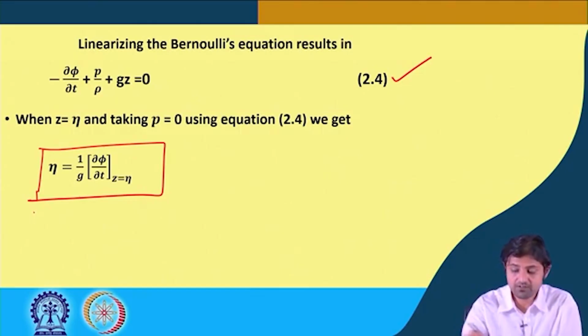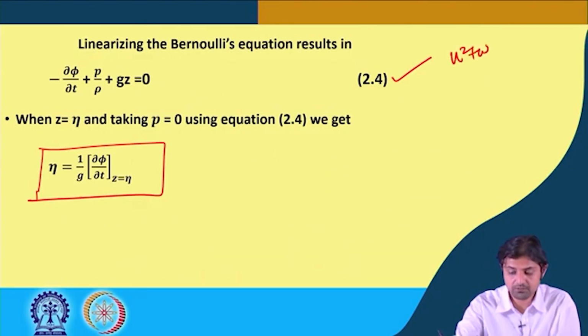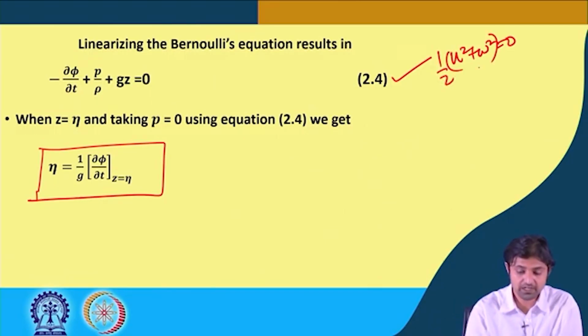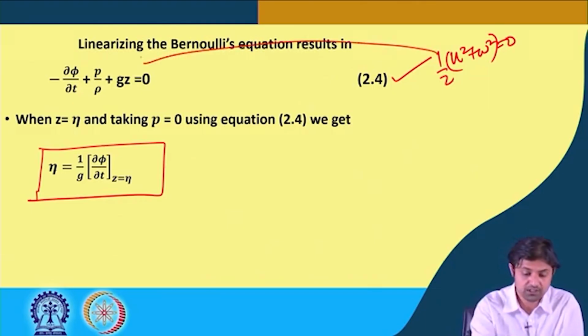You see why we have assumed u square plus w square is equal to 0. At the top there will be no velocity of the fluid particle, that is why it is going down under the influence of gravity, that is why half u square plus w square is going to 0, and that is why we were able to linearize and avoid this term.